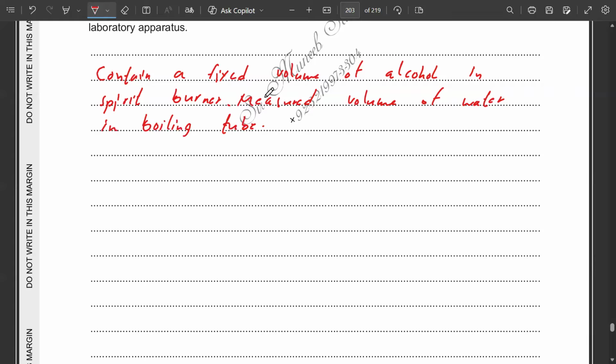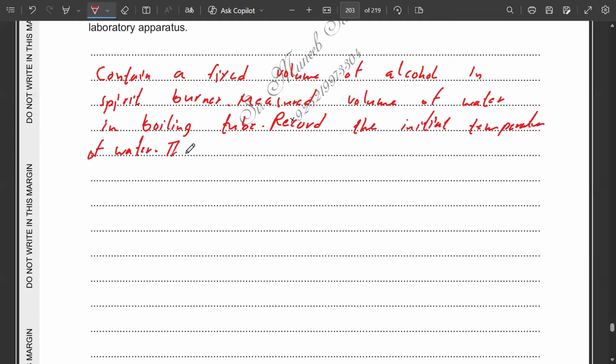Now you are supposed to do the heating. So heating changes the temperature. So at this step, record the initial temperature of water. Now you have recorded the initial temperature.